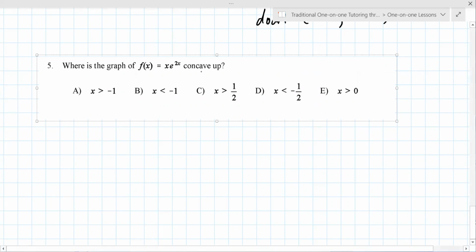We could either do the same problem, or I can change it to where is it increasing or decreasing, which is only the first derivative. Do you have a preference? Maybe increasing, decreasing, because that's the first. Okay, so let's do decreasing, and that's f prime. Go ahead and give f prime of x a shot on your own, please.